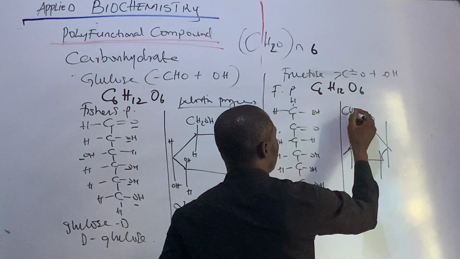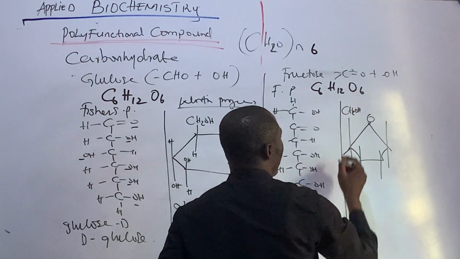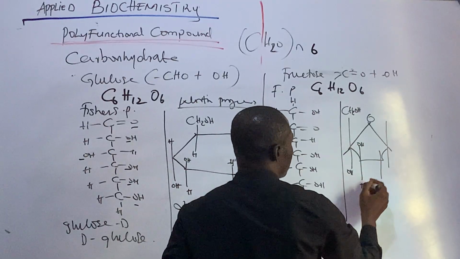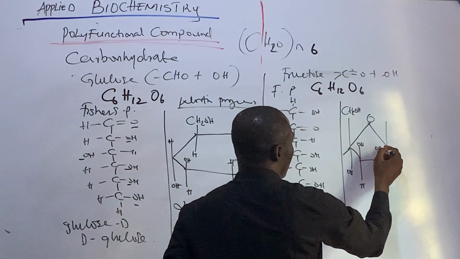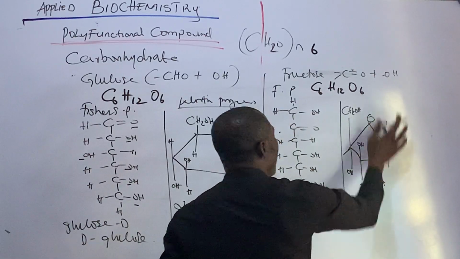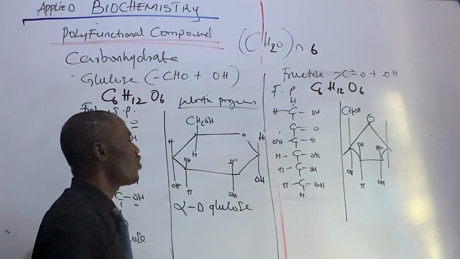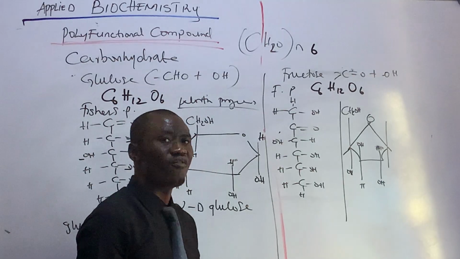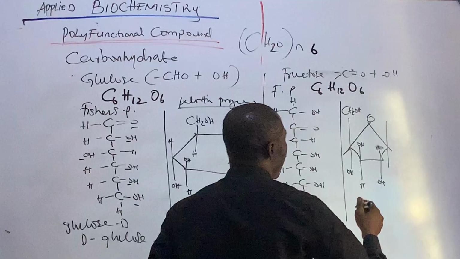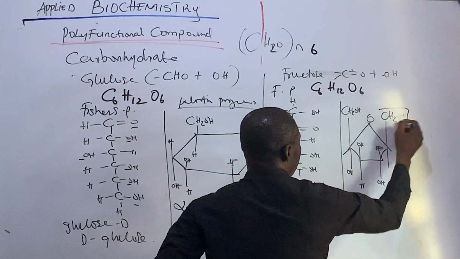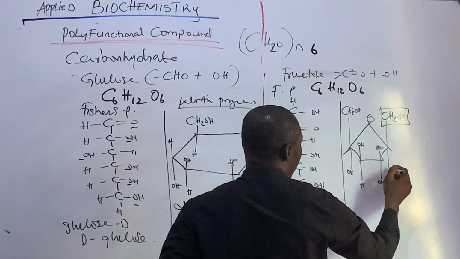This is CH2OH, this is OH, this is OH, this is H, this is OH, sorry, this is H, this is OH. Now over here, you need to be very careful. If you want to have an alpha fructose, alpha D fructose, that means that the CH2OH compound over here, are you following now?